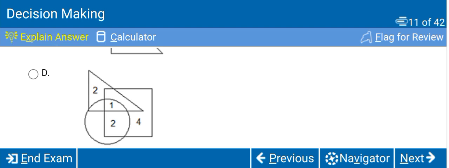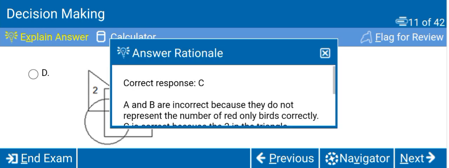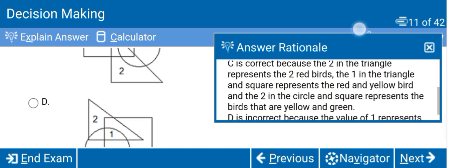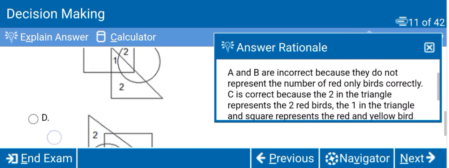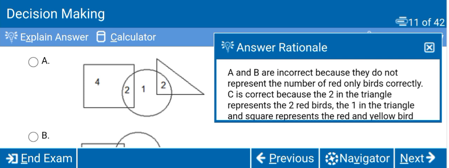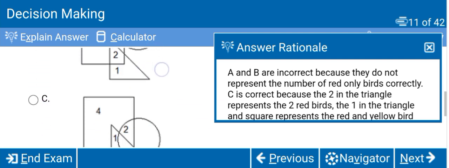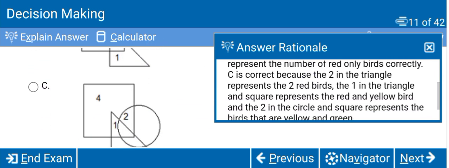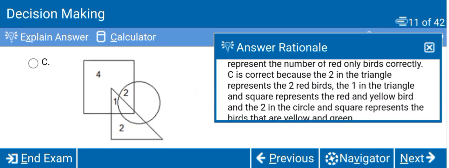So here the correct response is option C. A and B are incorrect because they do not represent the number of red only birds correctly. C is correct because the 2 in the triangle represents the 2 red birds.